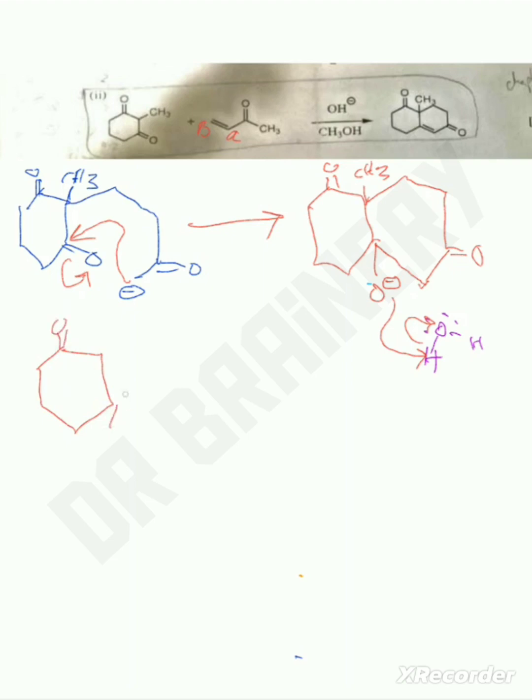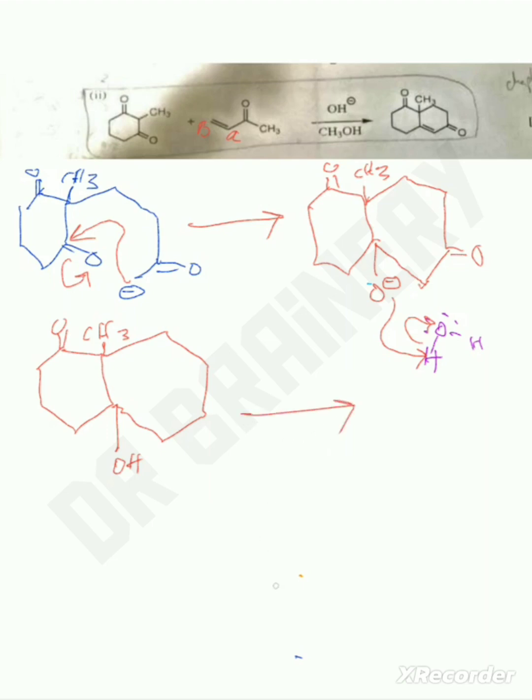So here it will be CH3, don't forget. Then here something like this. Then here an OH like that. Then I'm just going to introduce heat. More heat will be introduced.